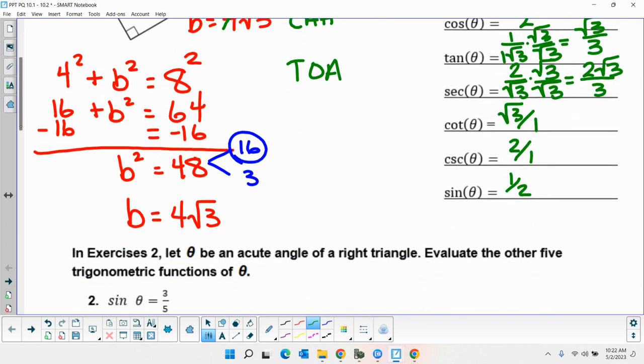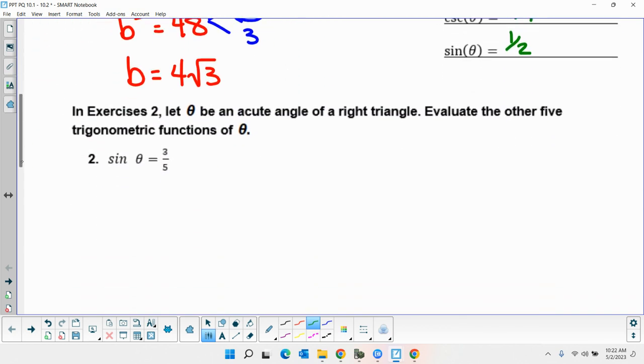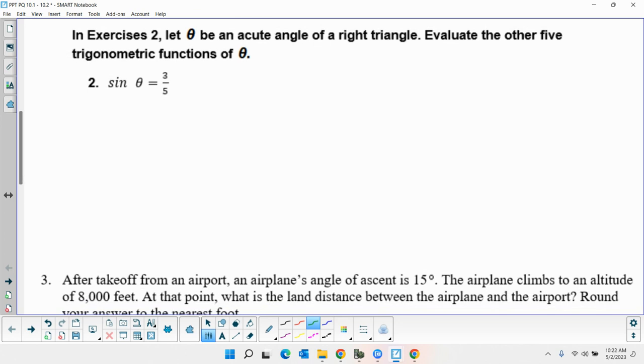Okay. Thanks. All right, so number 2 here is the same type of problem, just giving you the information differently. All right, so we have to draw a right triangle for this. I'm going to put theta here, but if you want to put it up in the other one, that's okay. Doesn't matter where you put it.